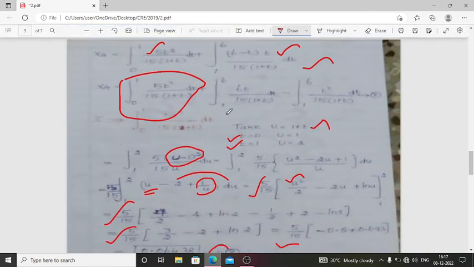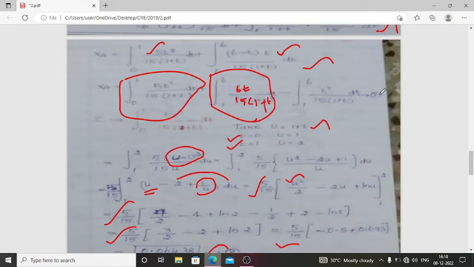So this second part comes here plus this part. Okay, so take this one: 6t divided by 15 into (1 plus t) dt. The limit is 1 to 6.